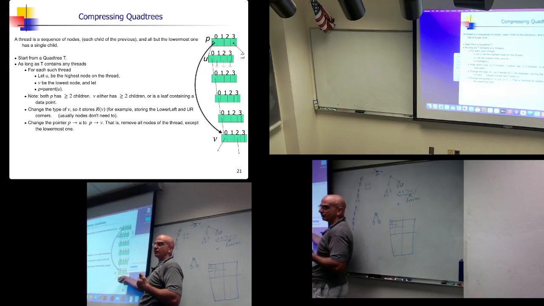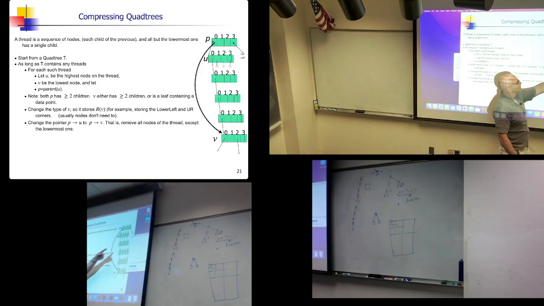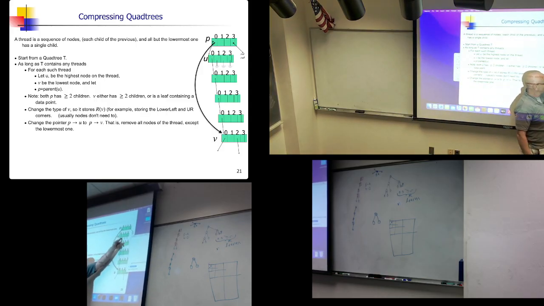It's not the last node of the shred. Its single child will be part of the shred as well. Okay, so that would be my definition of a shred. It starts from U, a sequence of nodes, each has only 1 child, except the last one. The last one is obviously either a leaf or it has 2 children.